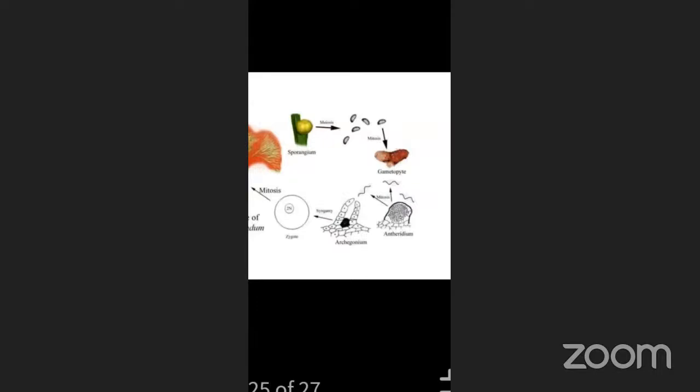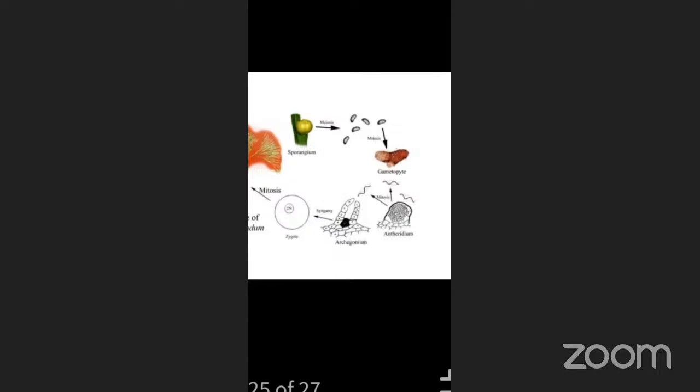Okay. Coming to the life cycle, there is an alternation of generations. The xylotum sporophyte produces sporangia, which produce spore mother cells. The spore mother cells undergo meiotic division to produce spores, the meiospores.